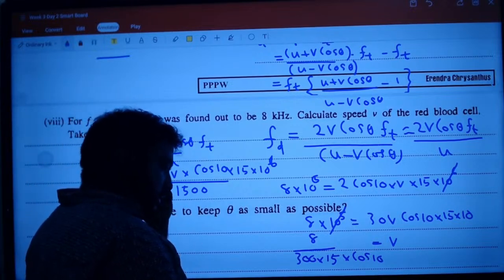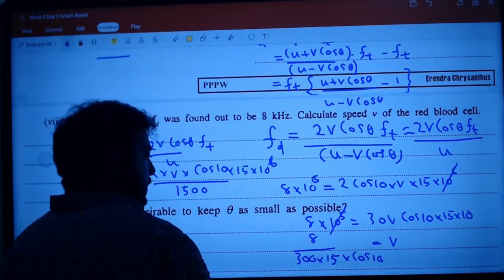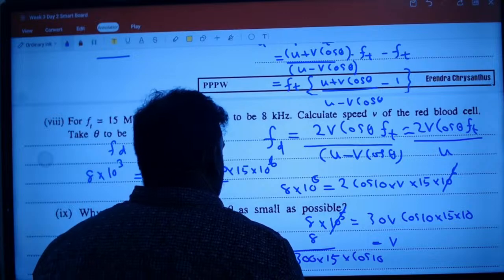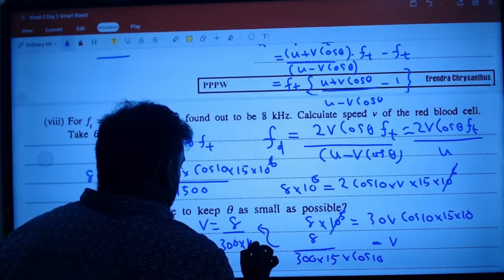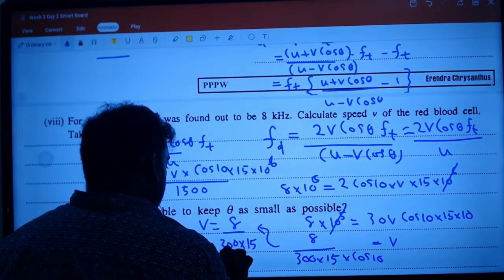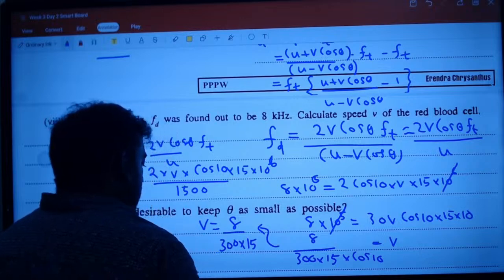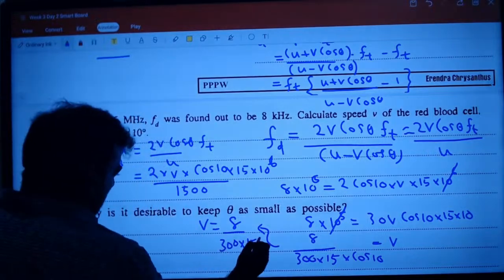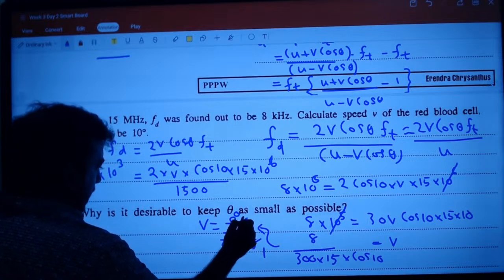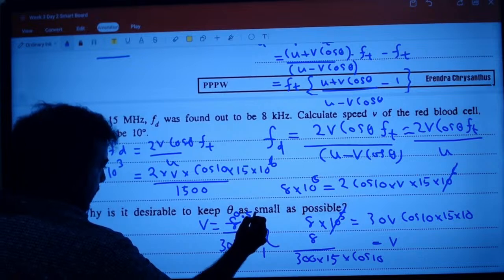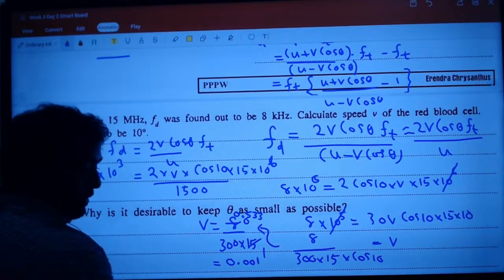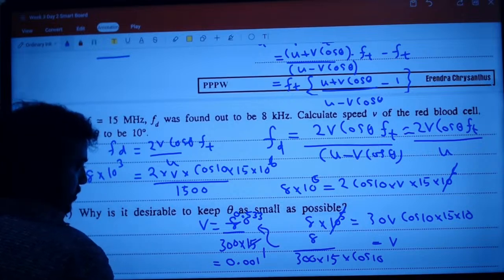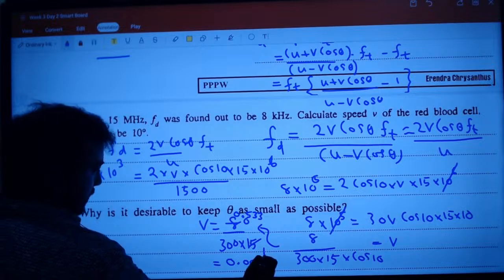Smaller the theta, cos 0 is actually 1, so this is approximately 1. From this V you can say 8 divided by 300 times 15. 15 times 1, for 80 you have 5, for 50 you have 3.